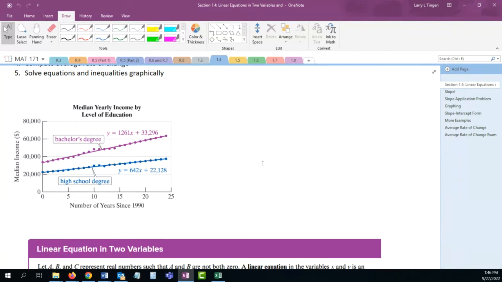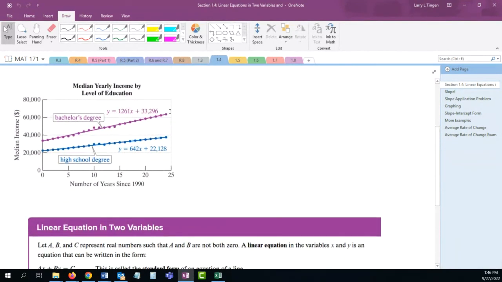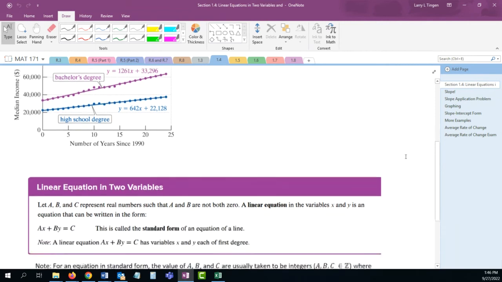The line that represents a high school degree and the job is rising, but it's rising slower, and it's not going to rise as high. Okay, so these equations that represent them are linear equations in two variables. I have an x and I have a y.